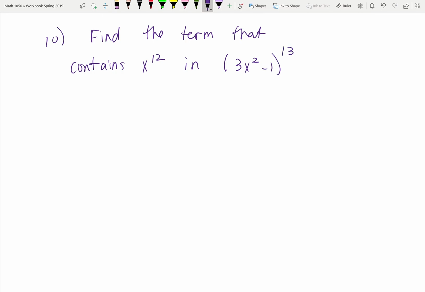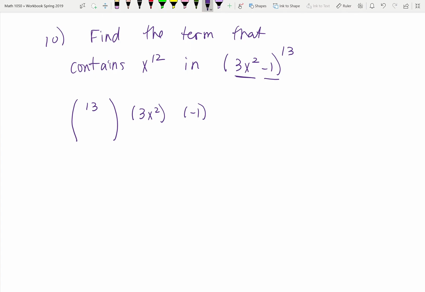I could write the whole thing out, but I don't want to do that because I'm just looking for one of those 14 terms. So watch what you do. Remember, this number right here is a 13. That always goes there. Do you see how this is 3x squared? Put parentheses around it. And then the next term is a negative 1. Put parentheses around it. The biggest thing that people don't do is put parentheses.